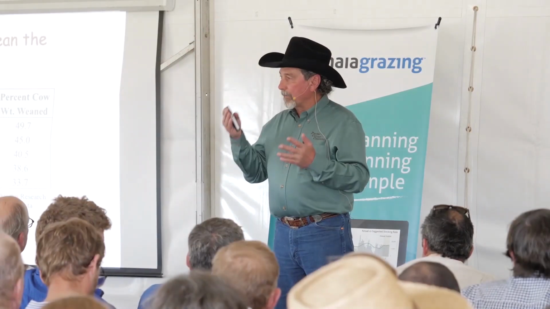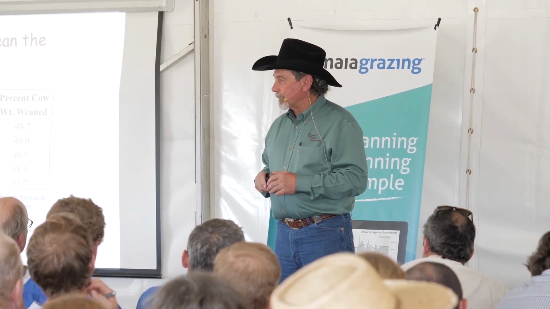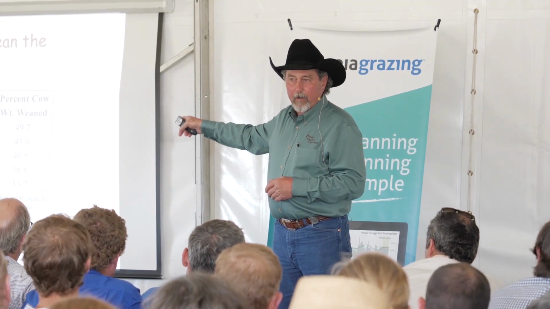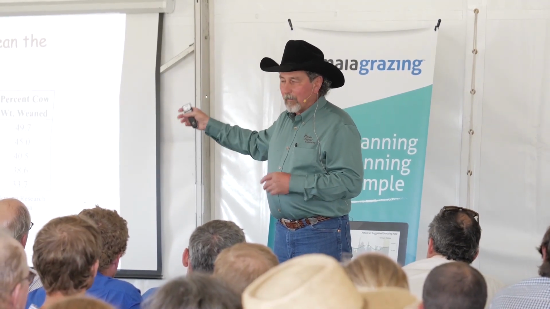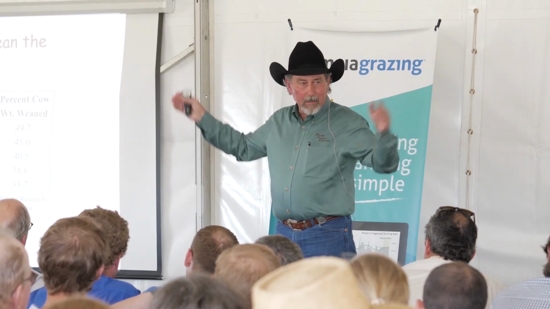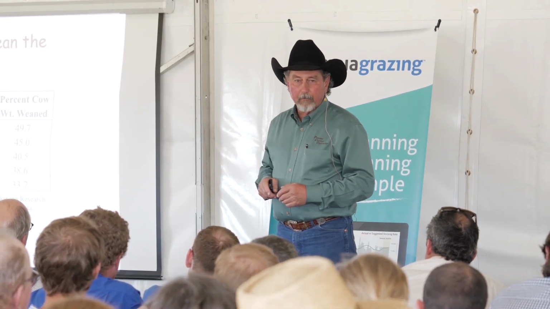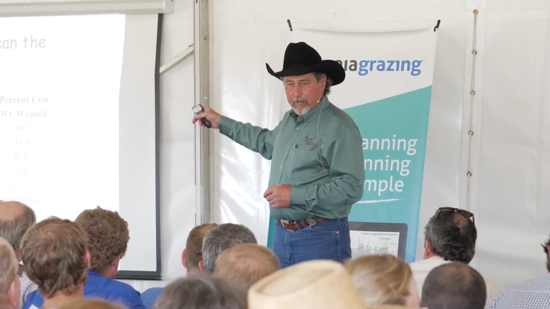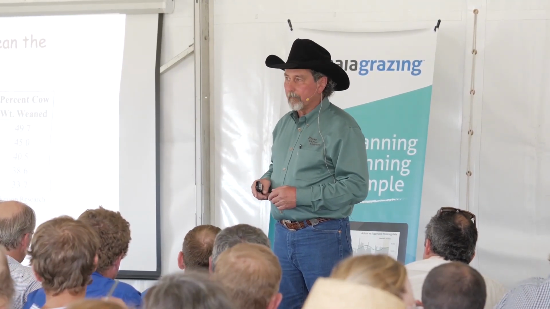Again, we're talking about maintenance requirements. These big cows do not fit any real world environment. In a really, really good year, when you have grass that you can't eat up, they're going to have bigger calves. But right now, she can't survive, much less produce milk or breed back.